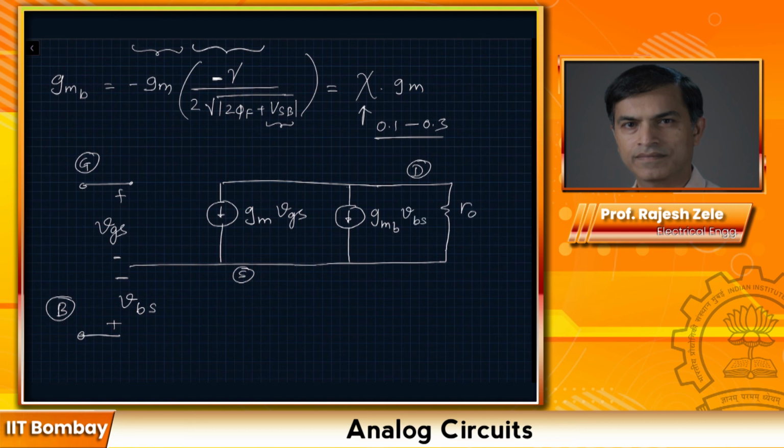This is due to body effect, and generally most of the time you have the source and bulk connected together. However, many times if they are not connected together, then you need to include this effect. And I'm going to show you an example when they are not connected together.